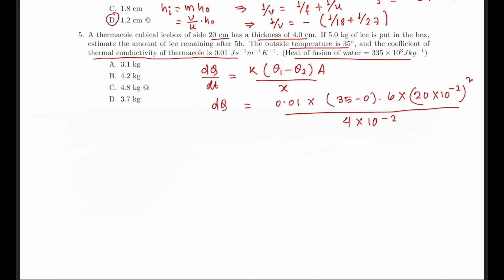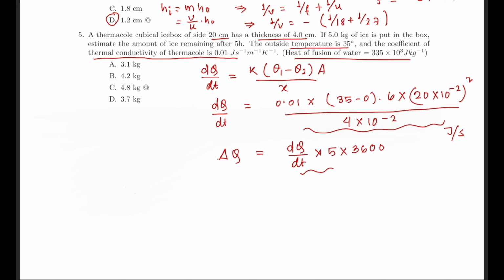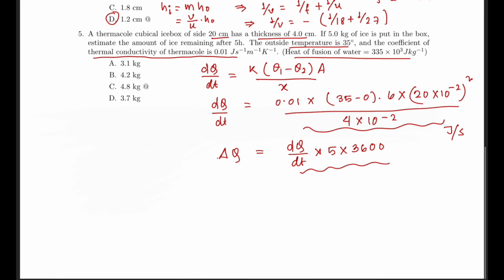That means this amount of heat per unit time is getting inside the thermocol from the outside. So in 5 hours the heat exchanged is delta Q equals dQ/dt times 5 times 3600, because this is in joule per second. So this much heat got into the system in 5 hours.